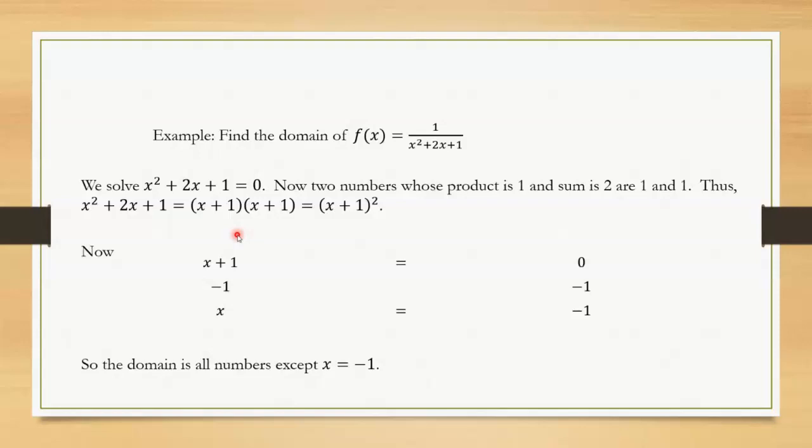In this case, the factors are the same, so we just have x plus 1 equal to 0. Hence, we subtract 1 from each side, and it follows that x is negative 1.